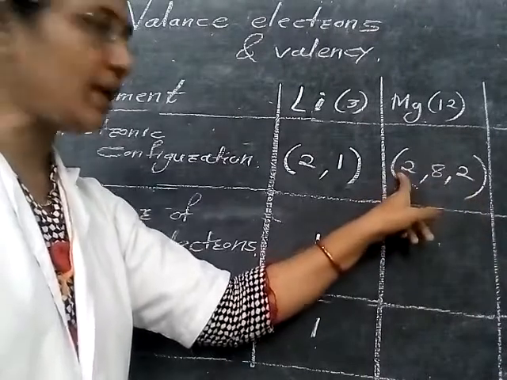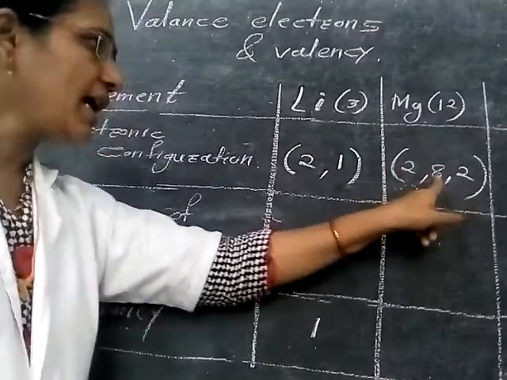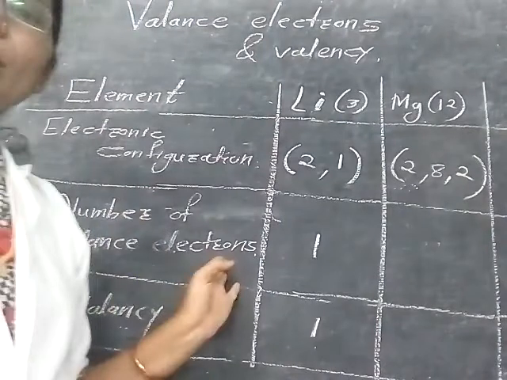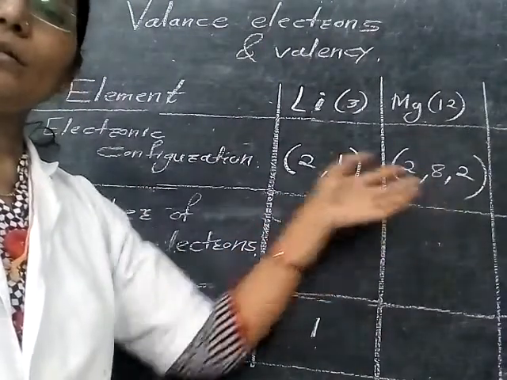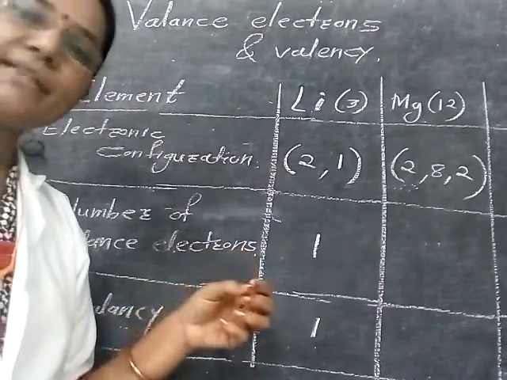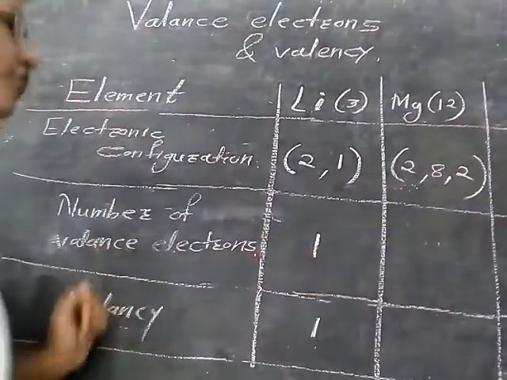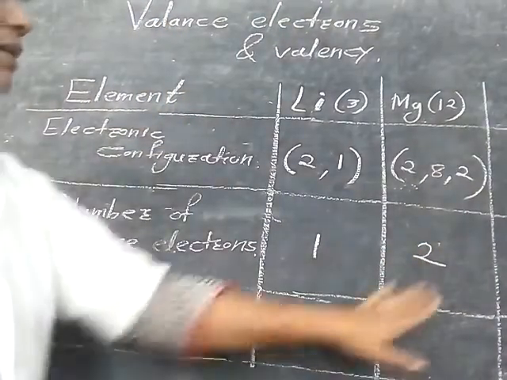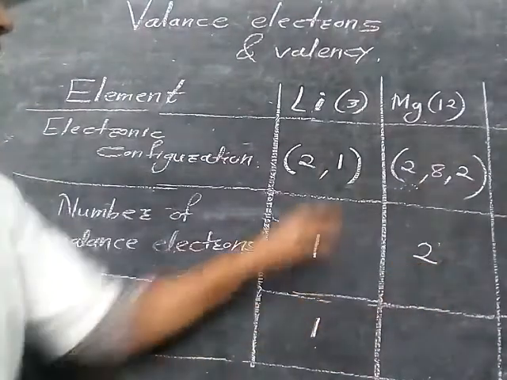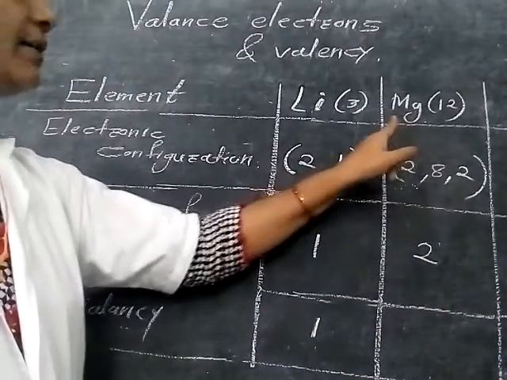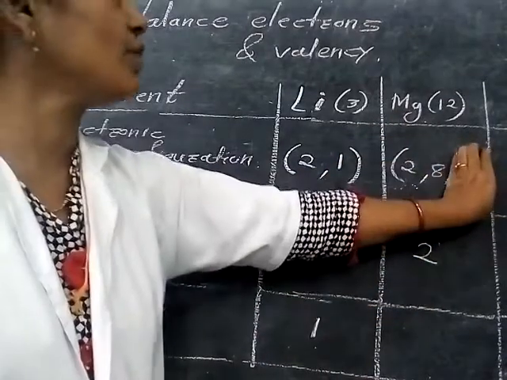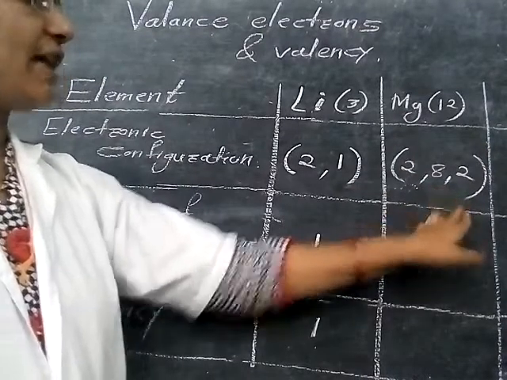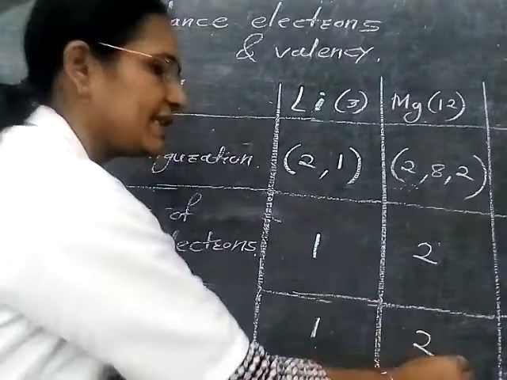The number of valence electrons in the outermost shell is 2. By losing these 2 electrons, magnesium becomes stable and completes its octet, as the configuration becomes 2, 8. So its valency is also 2.